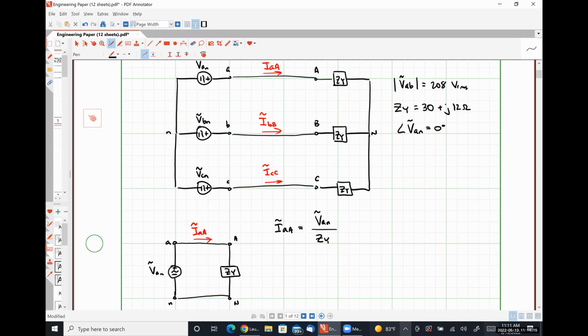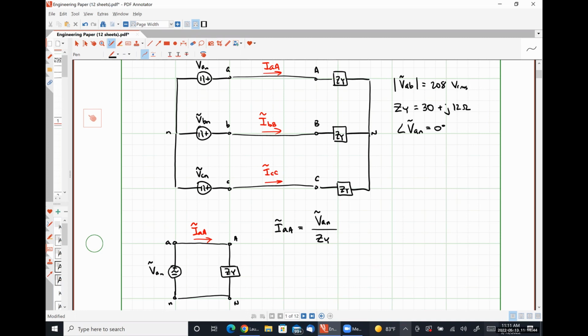No. 120 would be to go from the A phase to the B phase, or the B phase to the C phase, etc. So if we want to go from our phase voltages to the line voltages for a Y connected source, what do we do? That's correct. So to go from VAN to VAB is multiplying by the square root of 3 angle 30 degrees.